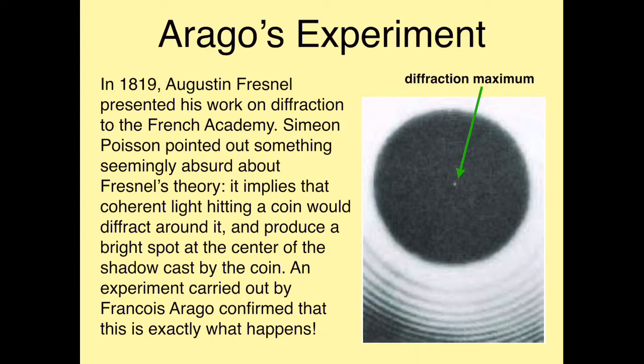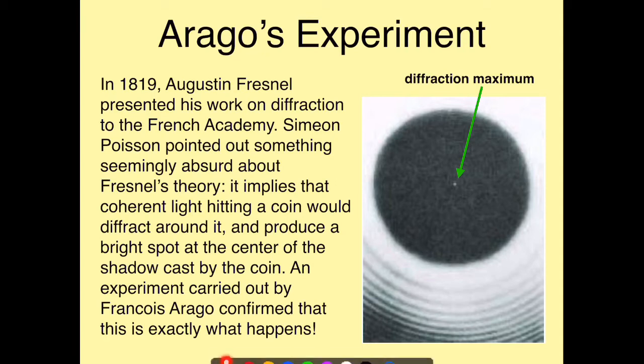And there was someone there in the audience by the name of Poisson who was listening to this talk and thought that there was something wrong about Fresnel's theory. He thought it implied something that was absurd. So the idea was, if you were to take a coin and then shine a light on it, of course, the coin will cause a shadow to be cast.